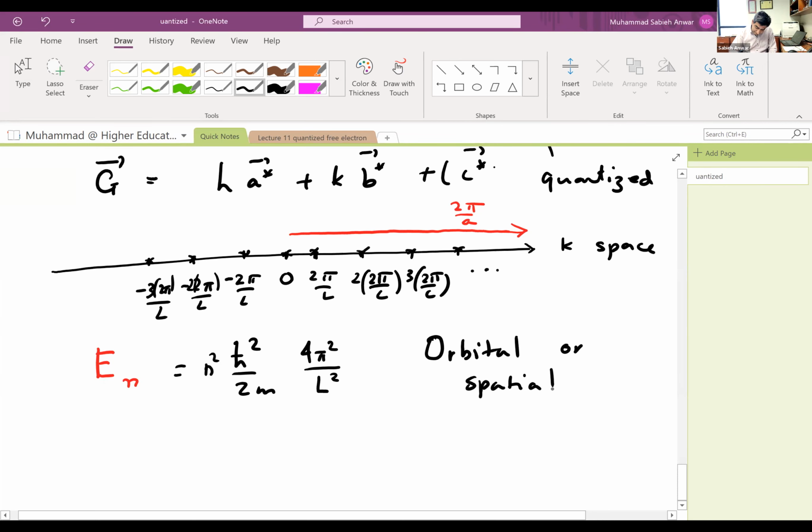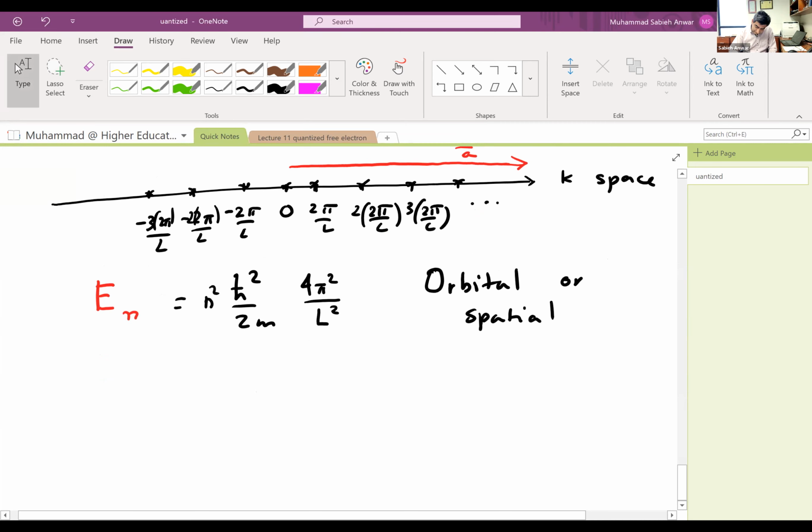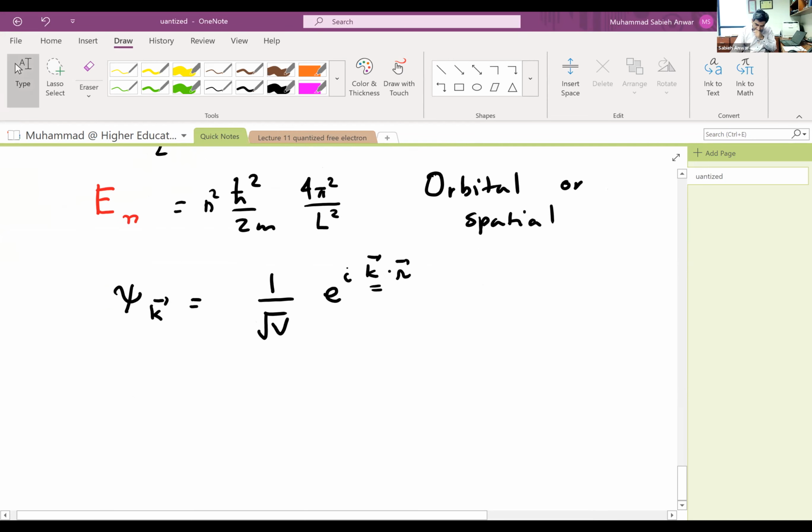And the momentum also gets quantized. And the wave function itself in 3 dimensions can now be written as 1 over root V e to the i k dot r. Now this k is quantized. And how is it quantized? If I'm in 3 dimensions, then I can have an energy.